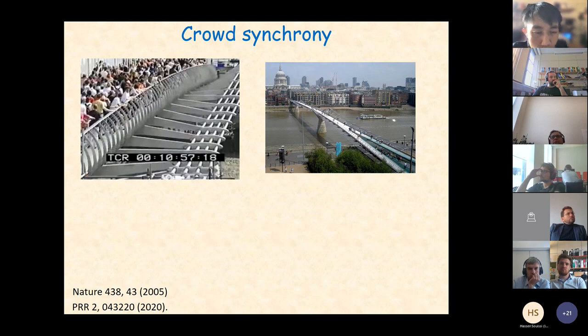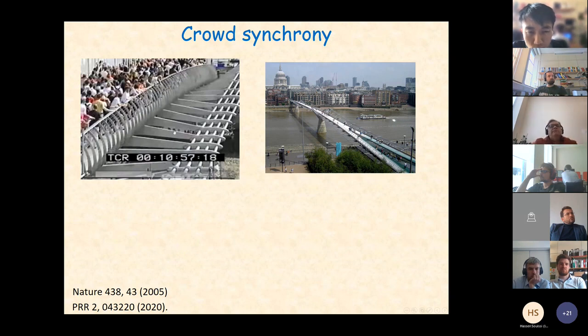So they had to close it down and fix it, but they had 3 months where they took some crazy physicists that actually did experiments with people, and they put more and more people on the bridge, and they saw something that, as far as you can do with people, looks like a phase transition. When the number of people exceeded a certain number, the bridge started to wobble, and this is published in a very nice paper by Strogatz, Ott and others.